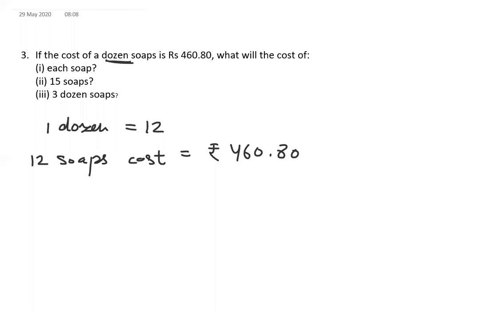Now the cost of one soap, so just divide 460.80 by 12.